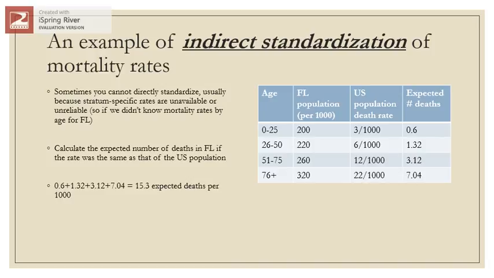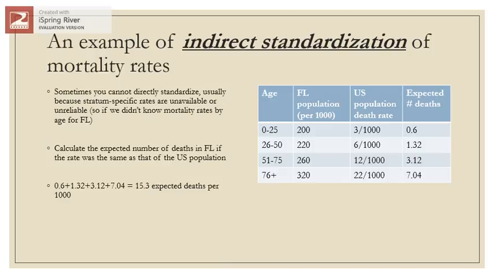So to indirectly standardize, we took 200 times 3 divided by 1,000. That's the expected number of deaths. 220 times 6 is 1.32. 260 times 12, and so forth.